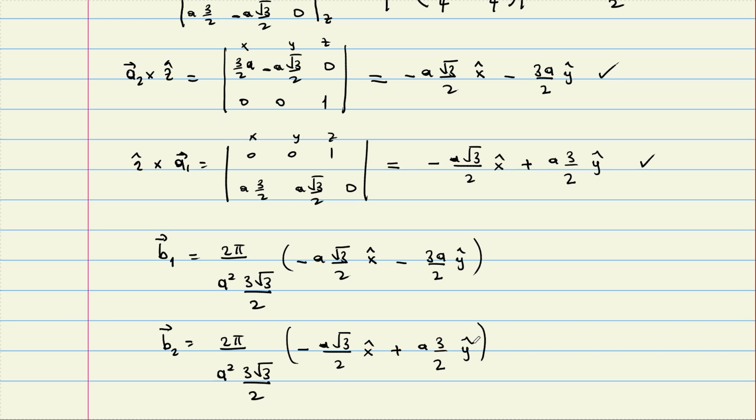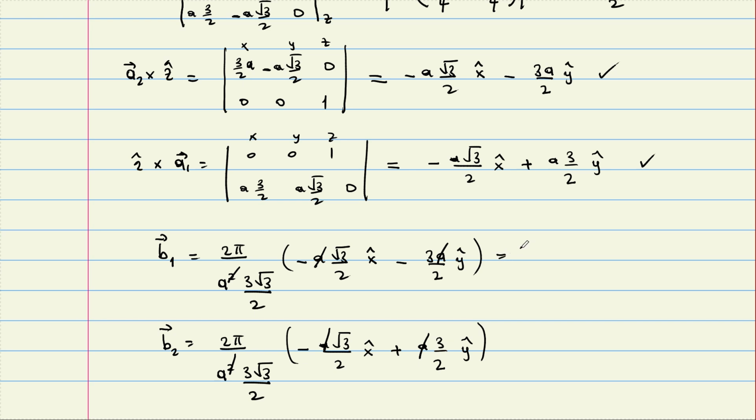I like to put a factor of 2 pi over a in front, because that's the Brillouin zone size from the one-dimensional case. So cancel this with that and that, cancel this with that and that.